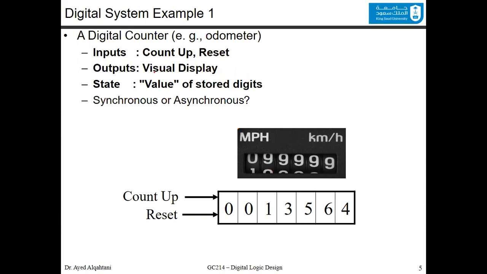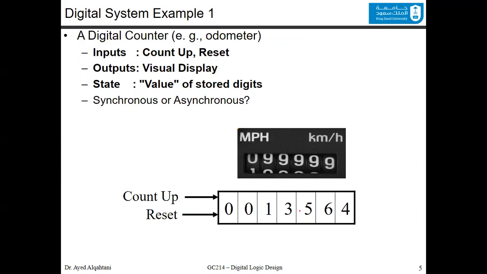So the digital counter, or what we call the odometer, has inputs here, as you can see, count up and reset. It has output, which is the visual display. You see the numbers. And it has the state, which is the current value stored, shown here in the digits.